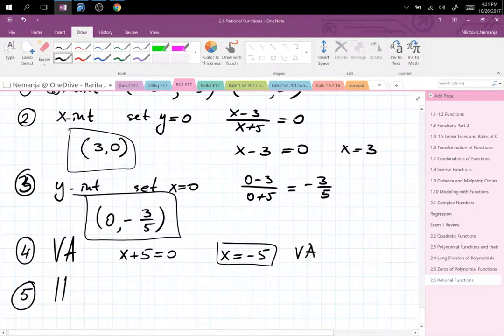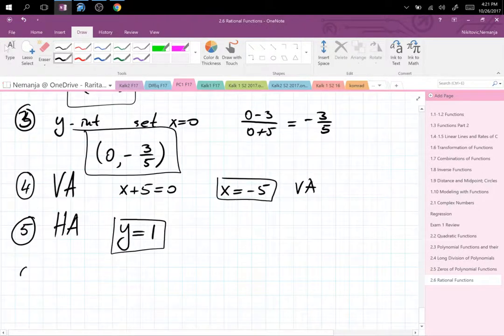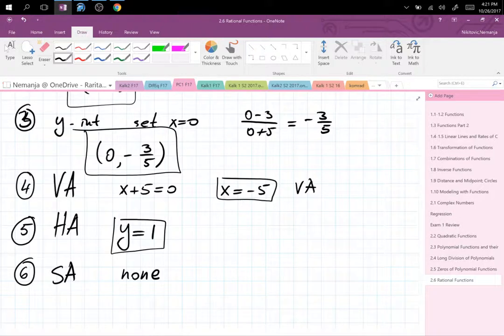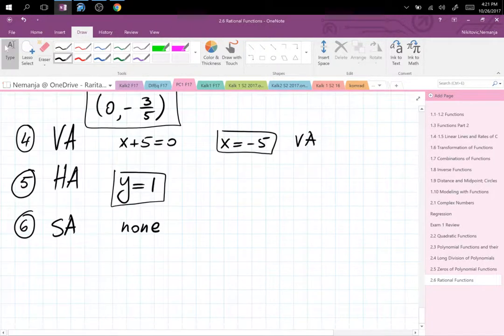Do we have a horizontal asymptote? Yes. What is it? 1. Number 6. SA? None, because we have a horizontal one. I'm not going to compute any additional points because I might not need them. Let me graph what I have, and maybe I can connect the graph without computing extra stuff.